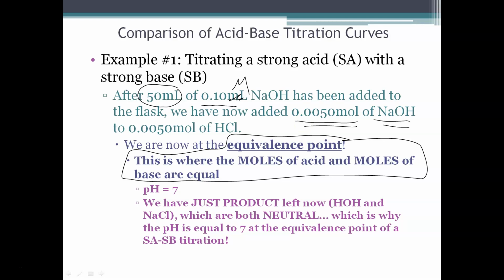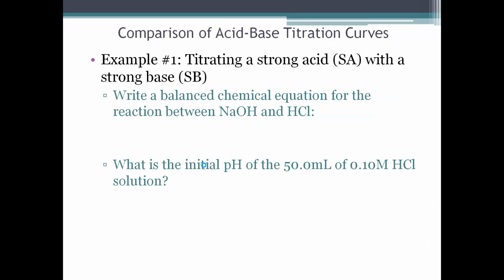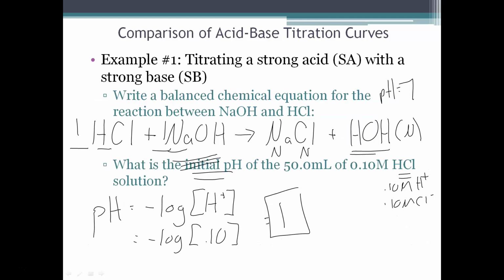All right? In this case, the pH is 7, because if you go back to what we had initially, here we go, our products, because at the equivalence point we have just product. Our products are all neutral here.